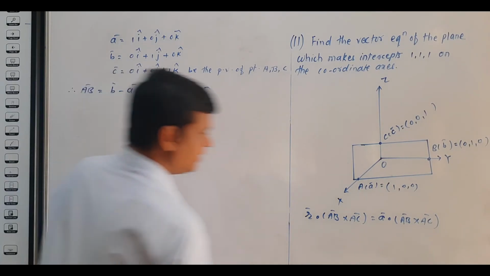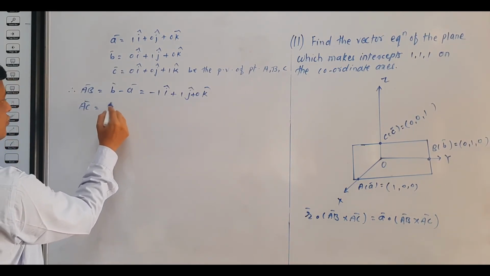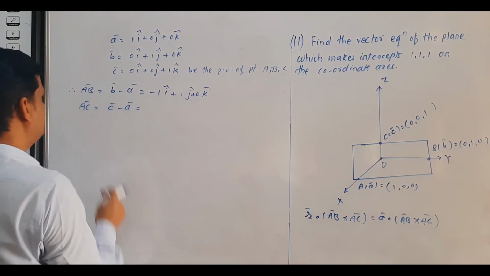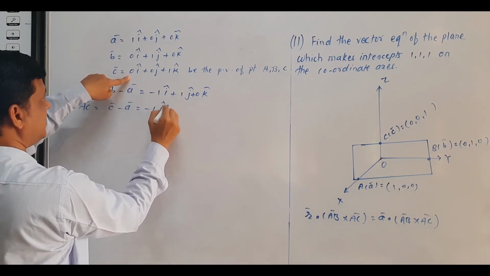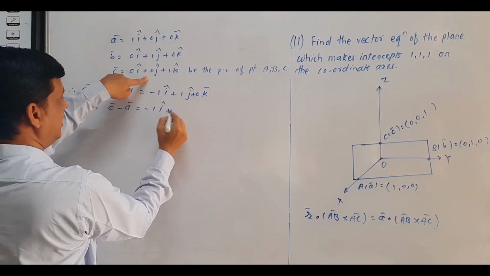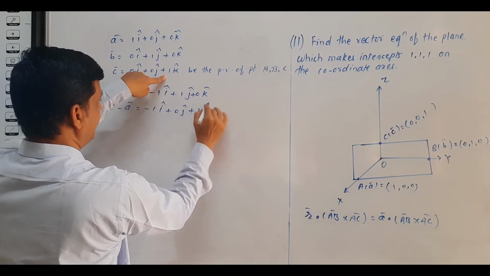Then we have to find vector AC. Vector AC is equal to C bar minus A bar, which is 0 minus 1, so we get minus i; 0 minus 0 we get 0j; 1 minus 0 we get 1k.